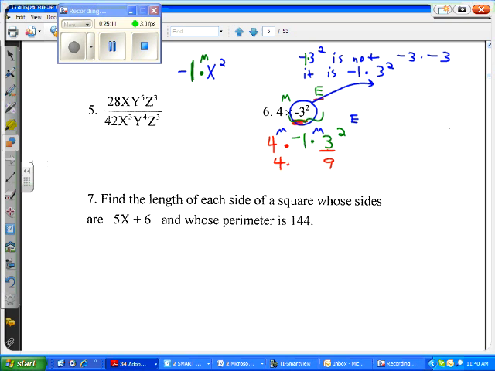So we have 4 times negative 1 times 9. It's all multiplication, which is commutative, according to page 28 or 9, commutative property. And so it really doesn't matter what order, but we normally do it left to right. And so we get negative 4 times 9, which is negative 36. Any questions on number 6?